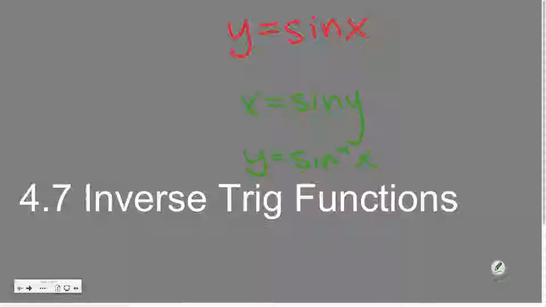Now, when we're talking about the inverse, our input is a number, oftentimes a ratio. Our output, so our answer, is going to be an angle. So first let's get familiar with each of the inverse trig functions.